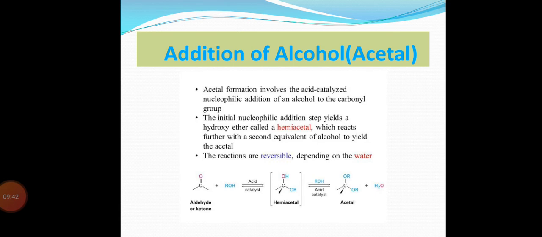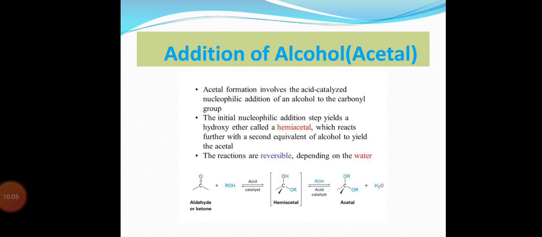Third type of addition is addition of alcohol towards the aldehyde and ketone. But this third type of addition is to some extent different from the first and second additions.